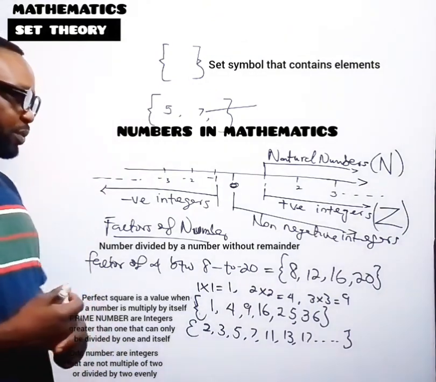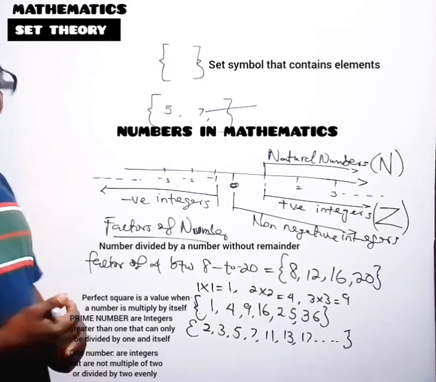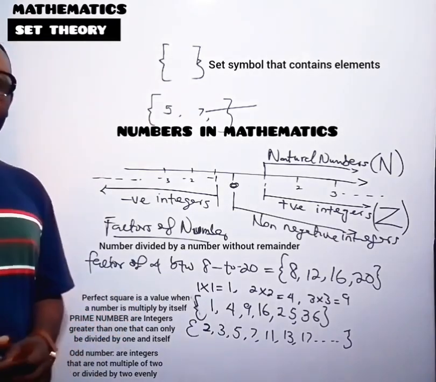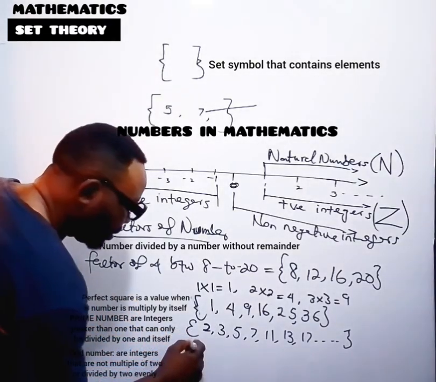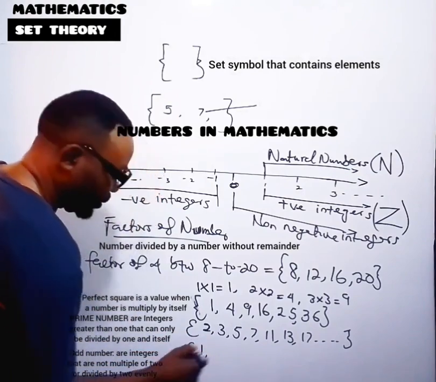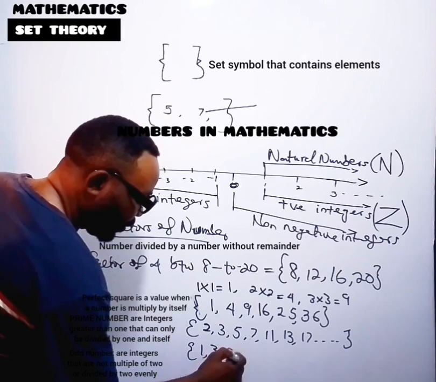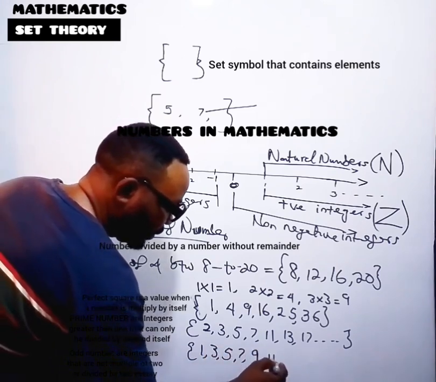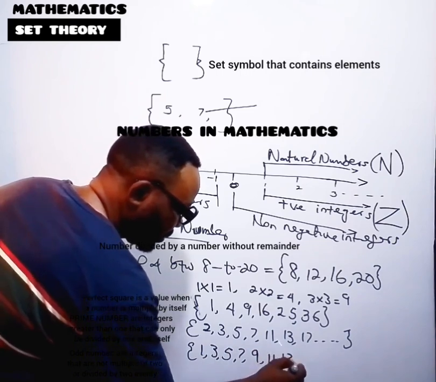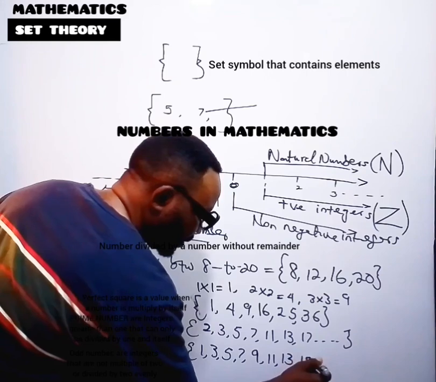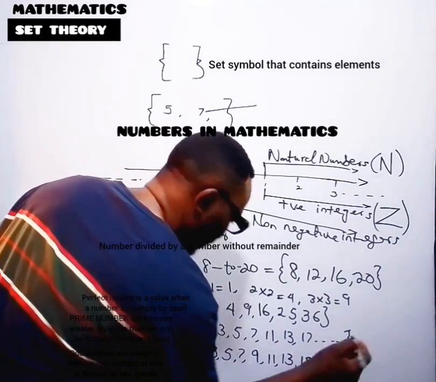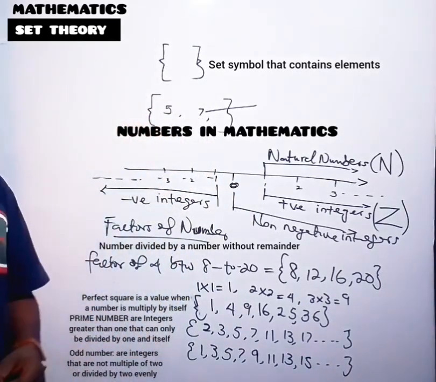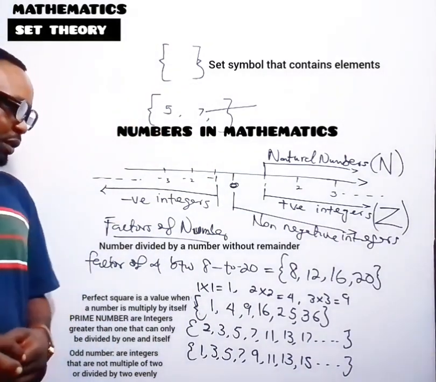Numbers that are not multiples of 2, those are the odd numbers. Examples of odd numbers: odd numbers start from 1, 3, 5, 7, 9, 11, 13, 15, and so on and so forth. That is the meaning of odd numbers.